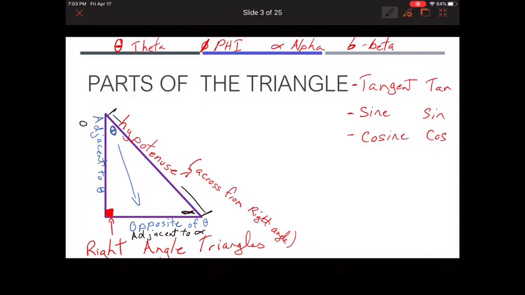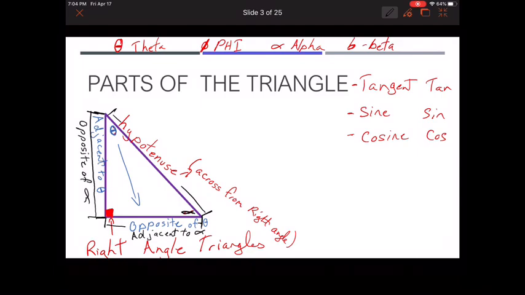And then this line over here is opposite of alpha. So we've got three lines, and the lengths of those lines are important in what we're going to end up doing.